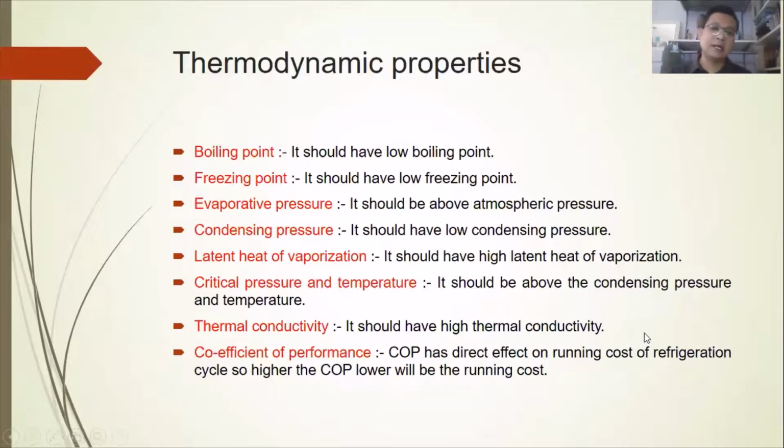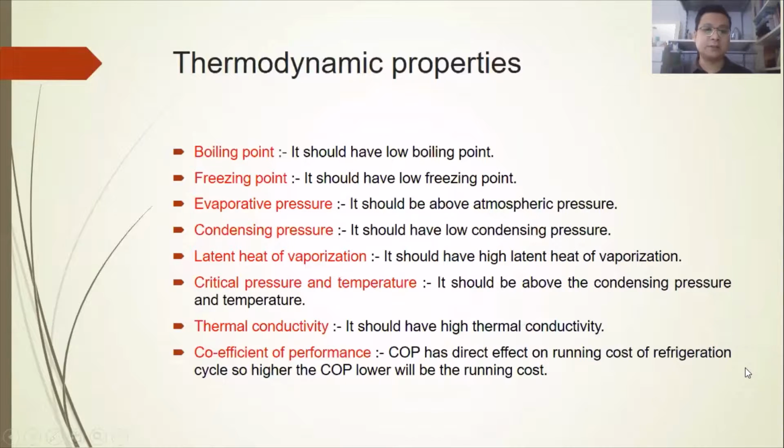So what is high thermal conductivity? If we transfer temperature, we can transfer almost 100%. This we call thermal conductivity. So if we transfer 100 degrees Celsius, the medium can transfer almost 100. Then the coefficient of performance, COP, has a direct effect on the running costs of the refrigeration cycle.